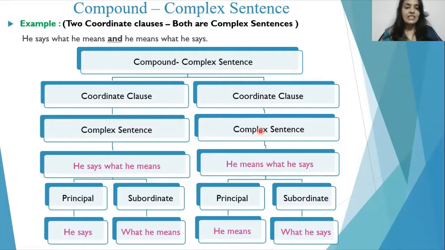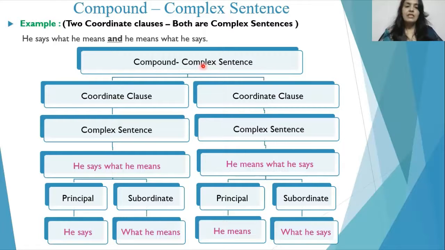So we can say there are two complex sentences which are joined with the help of and, because the main connector is and. Two complex sentences are joined by a coordinating conjunction. So of course this is a compound sentence, but there's a touch of complex also, because the word 'what' helps us understand complex sentences in the sub part.